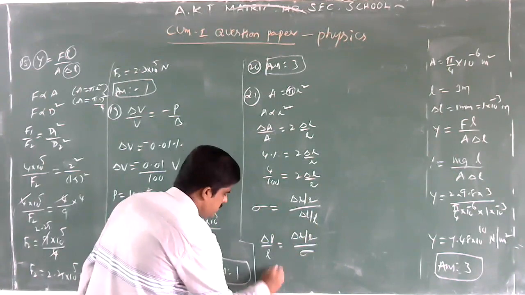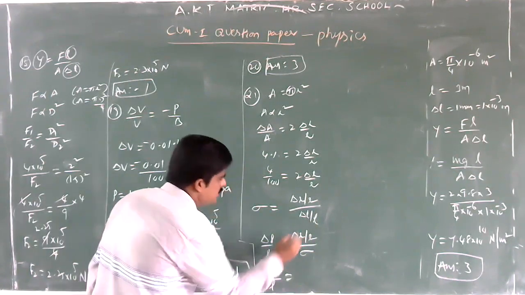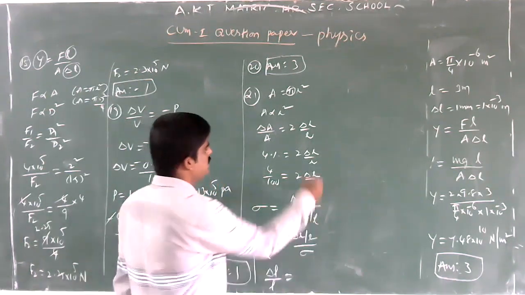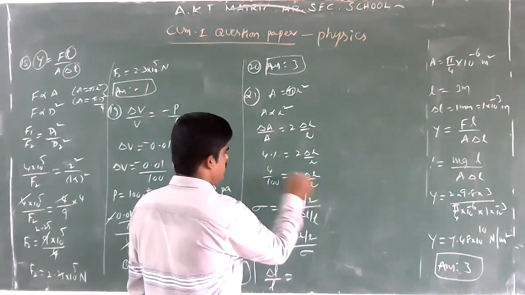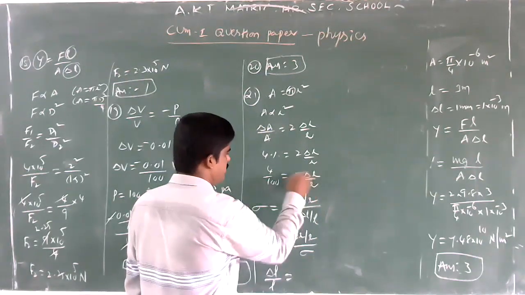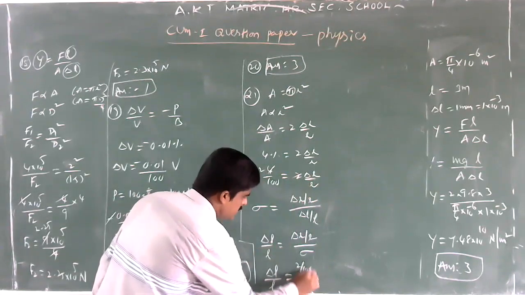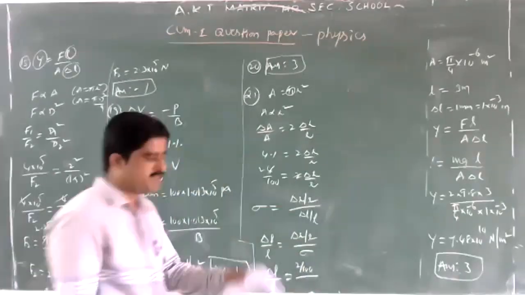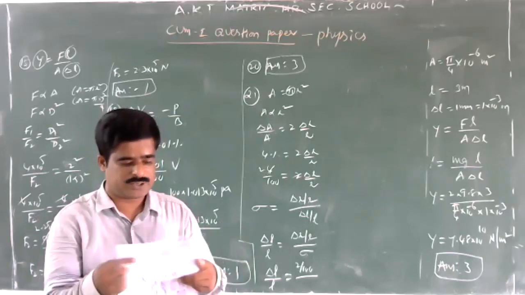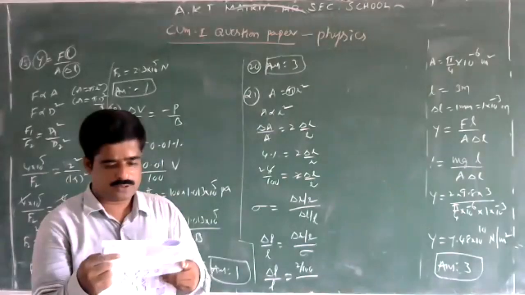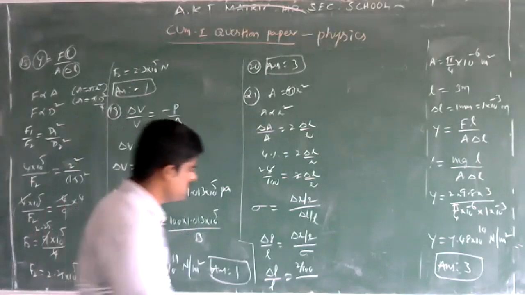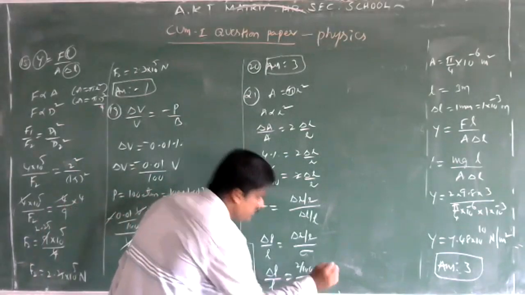What is the value of delta R by R? Here 2 into delta R by R equal to 4 by 100, so delta R by R is equal to 2 by 100. So 2 by 100 divided by sigma. Poisson ratio is given, sigma is equal to 0.5.